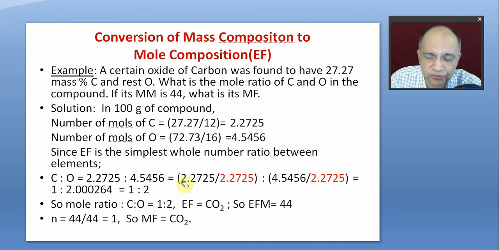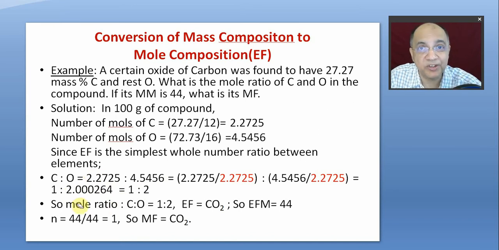So what's the ratio? To find a simple ratio, you have to divide each with the smallest one. The smallest one is this, so we divided both by this and we get a simple ratio, 1 is to 2.000264. So it can be easily ignored.